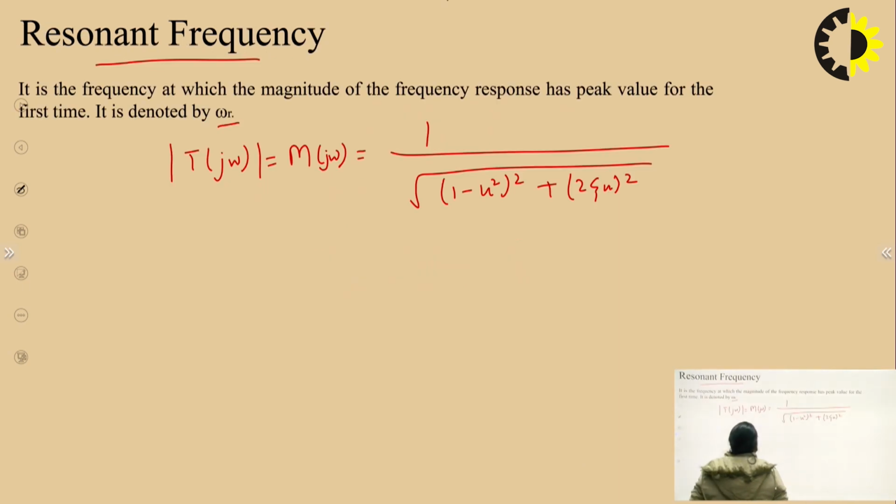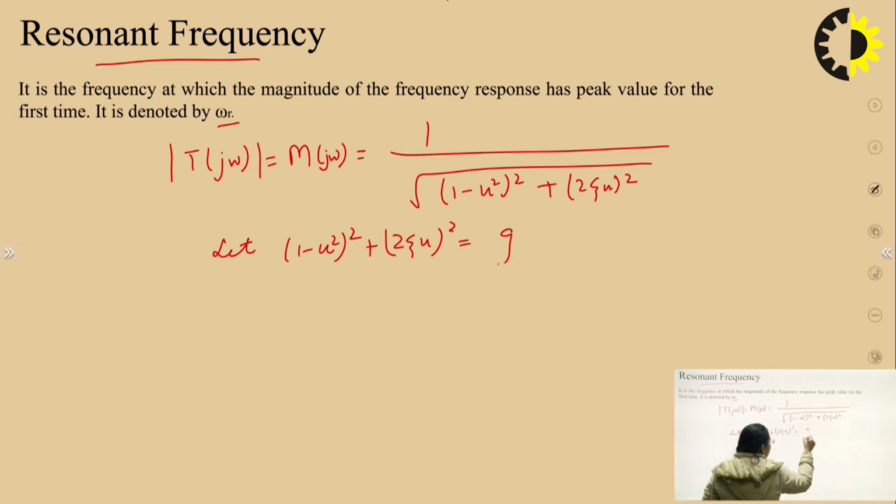Okay, so when this value will become peak, when this denominator will be minimum, let this denominator be equal to g(ω). Let 1 minus u squared whole squared plus (2 zeta u) whole squared be equal to g(ω).